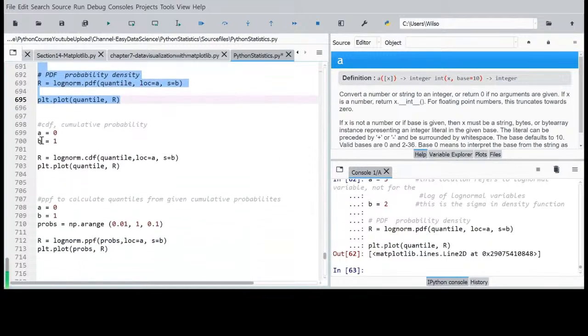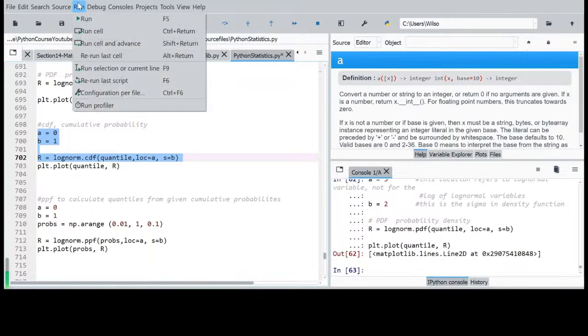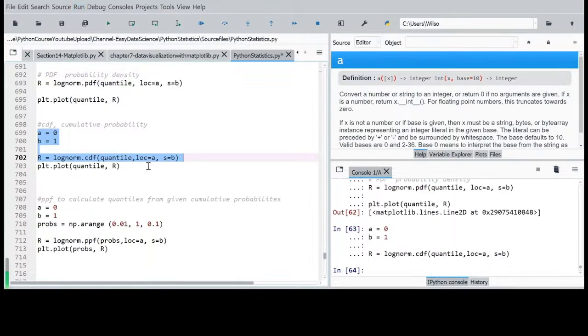The next function we will show is the CDF, called the cumulative probability function. We set a 0, b equals 1 by default and calculate the cumulative probability associated with this quantile array between 0 and 10.